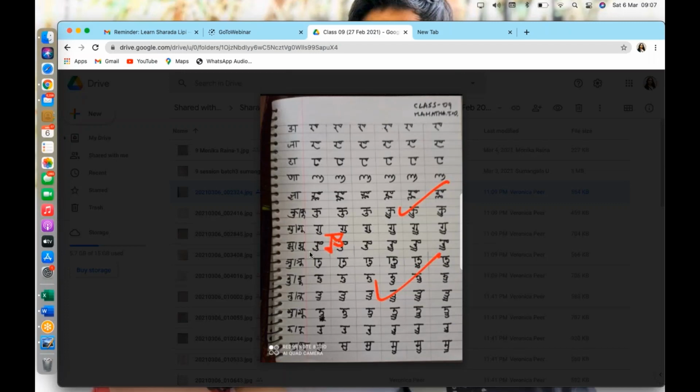The U matra in Jhu does not come below. It comes on the curve that is drawn on the side. The matra is written on the curve, not at the bottom of the letter, as the correction is shown here.